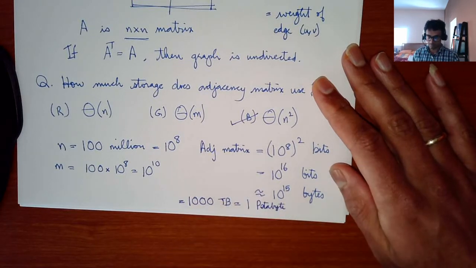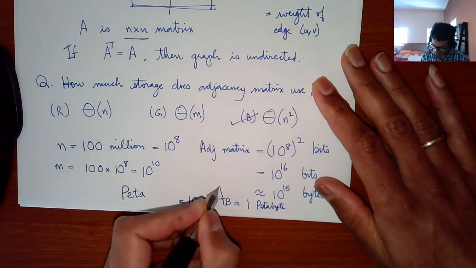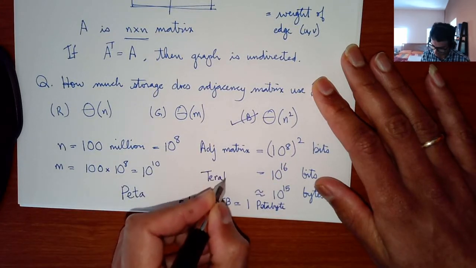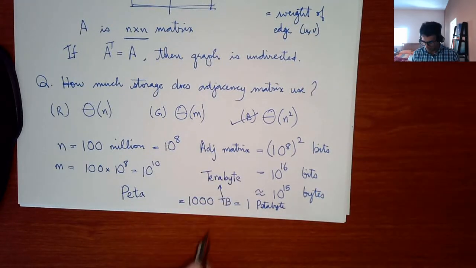What is it? Petabyte? Terabyte? Petabyte, and this is a terabyte. So your hard disk is maybe a 1 terabyte hard disk. 1,000 of those.